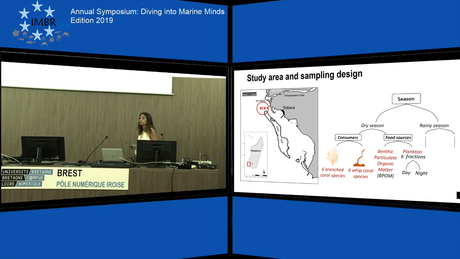For consumers, a total of 133 black corals were sampled that represented 6 branched coral species and 6 whip coral species. For food sources, BPOM and plankton were sampled, and plankton was sampled at day and night, and it was sieved to obtain 6 different size fractions, from 63 to more than 2,000 micrometers.